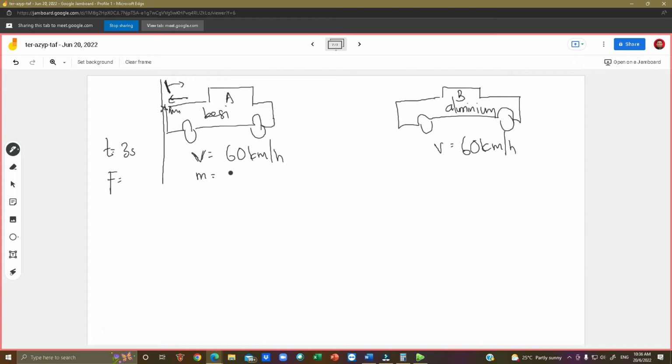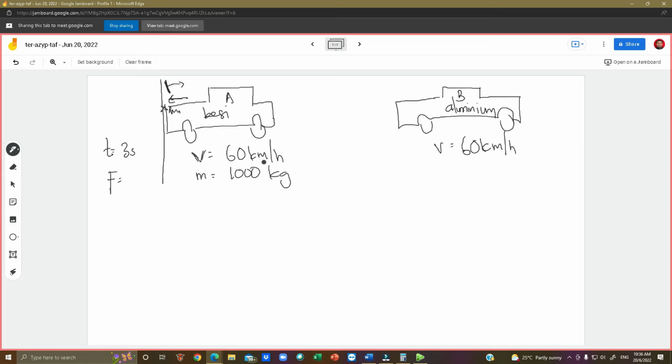Okay, katalah kereta ni bergerak pada kelajuan 60 km sejam, and the mass of this car is 1000 kg. Okay, 1000 kg. First kali kita kena tukar V ni jadi meter per second. Okay, so kalau 60 km sejam, berapa meter per second dia?